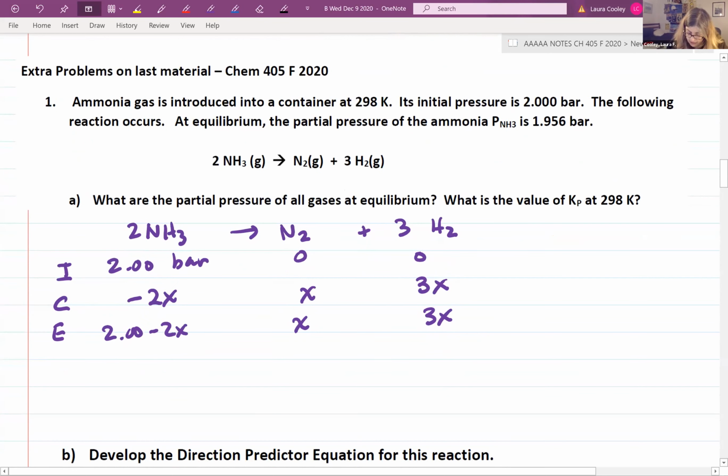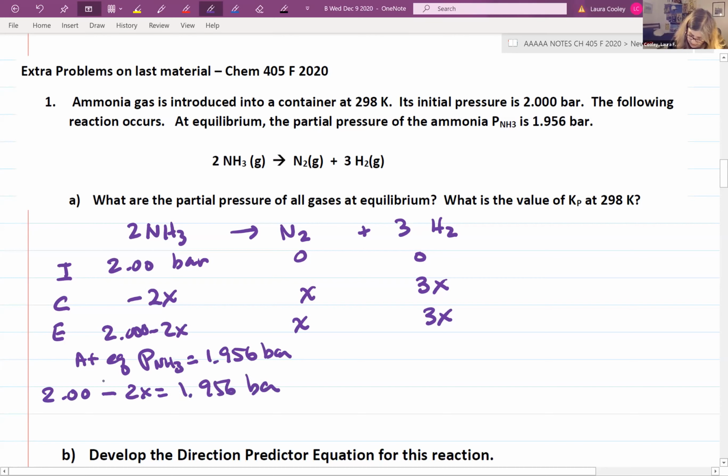But I'm telling you that at equilibrium, the pressure of NH3 equals 1.956 bar. So that makes it easy to solve for this x. I think I had an extra 0 in it in the problem.